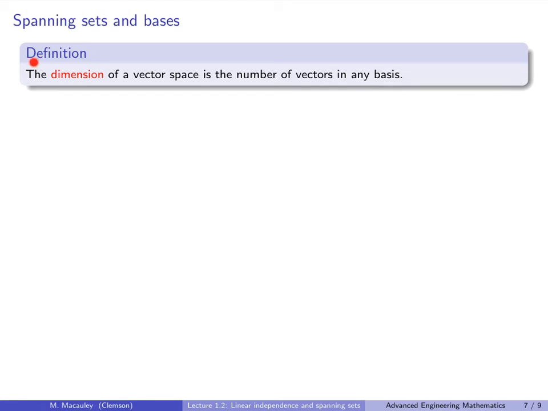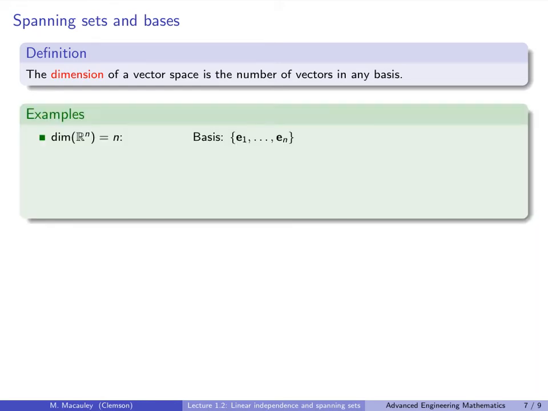Now, I call this a definition, but I should really call it a definition/theorem, because it's not at all clear that any two bases of a vector space have the same number of vectors in them. But that's something that can be proven, and again, it is proven in an advanced linear algebra course. But for our purposes, we will take it as a fact. So this is the definition of the dimension of a vector space. Let's do some examples.